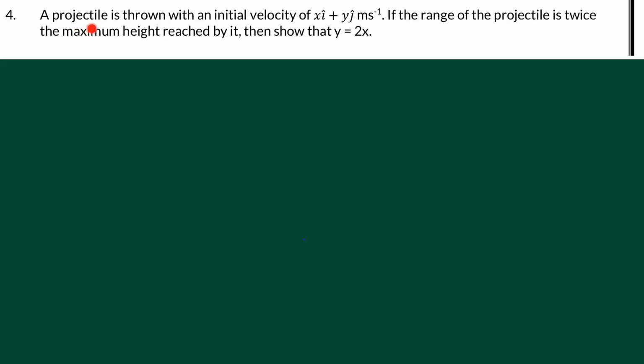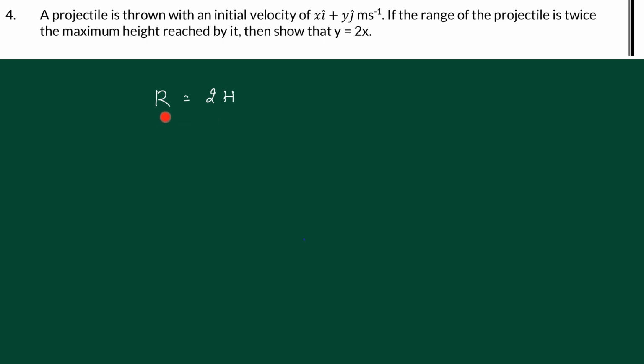Next question: a projectile is thrown with an initial velocity xi plus yj. If the range of the projectile is twice the maximum height reached, then we have to prove this relationship. So given is range of projectile is twice maximum height. So range equals 2 times maximum height.